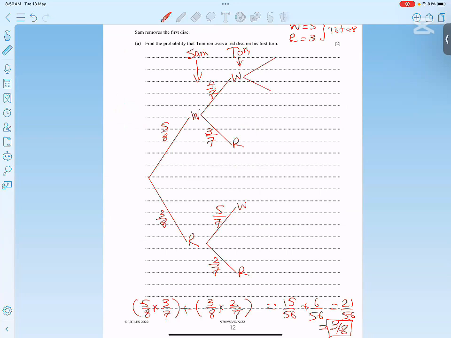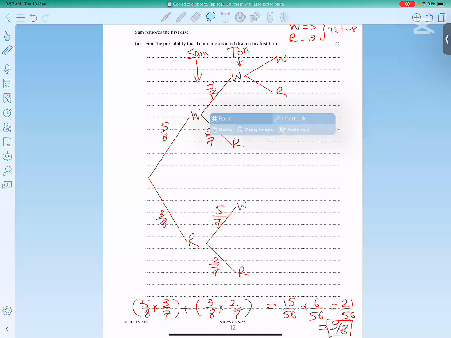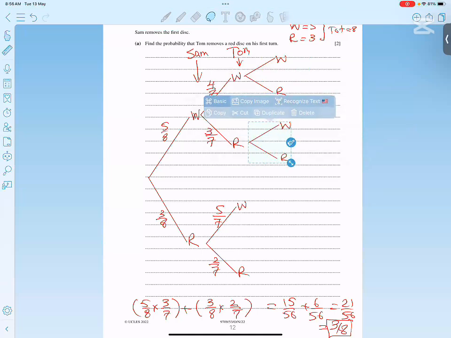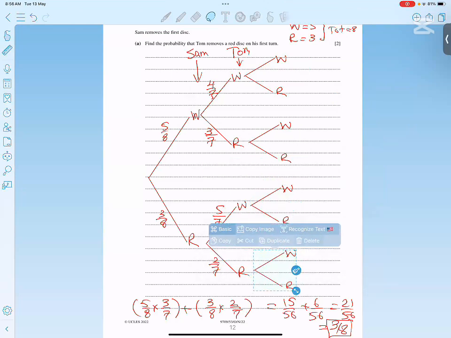Okay, so this is clear. Because here I'm writing white and red, these branches I'm drawing here. This is the turn of Sam now.